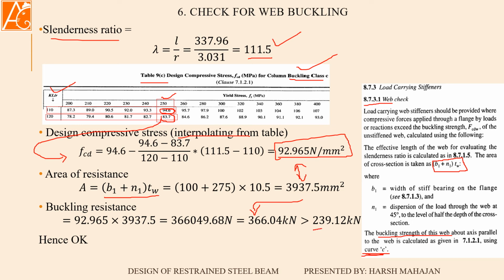It should be greater than the applied shear force or reaction force at the end of the beam. As it is greater, our section is safe for buckling. So there will be no web buckling due to the reaction force at the end.